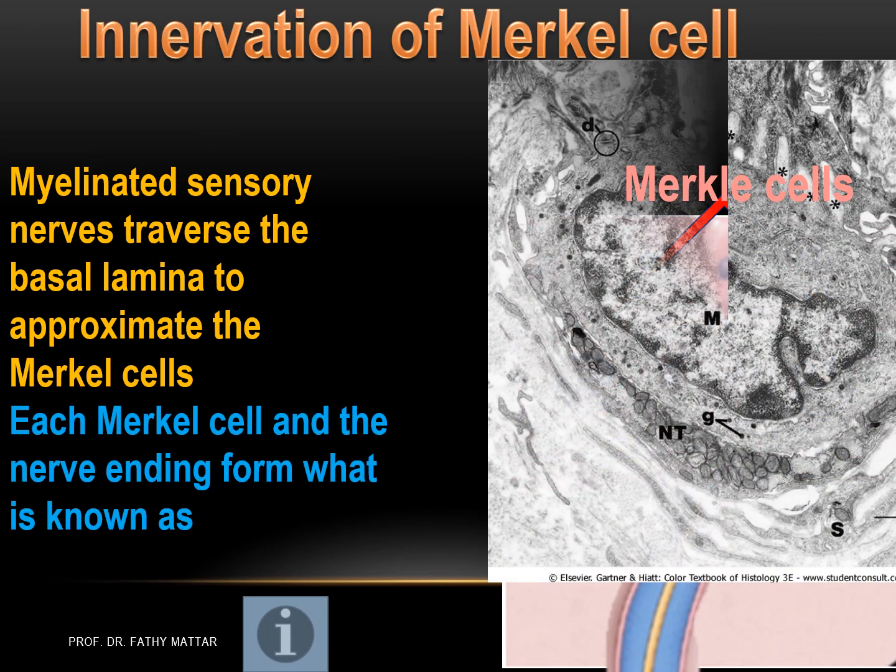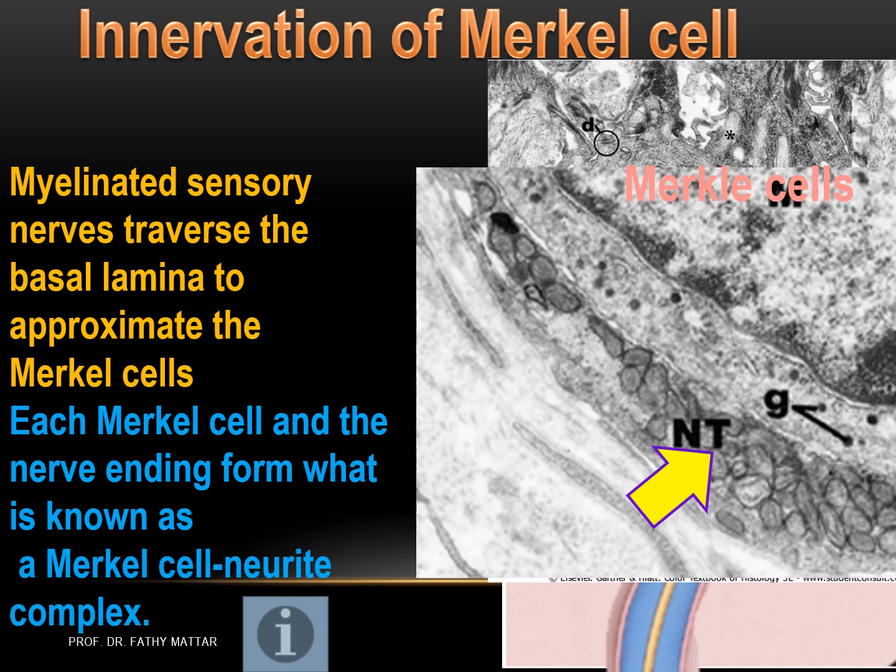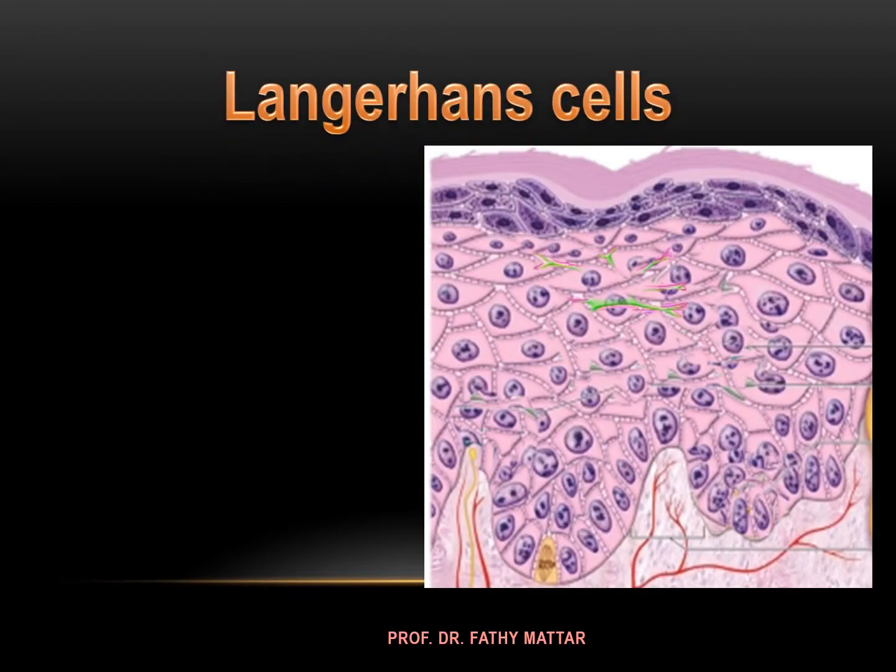Each Merkel cell and the nerve ending form what is known as the Merkel cell neurite complex. And so we have the Merkel cells and the nerve terminals which form the neurite complex.